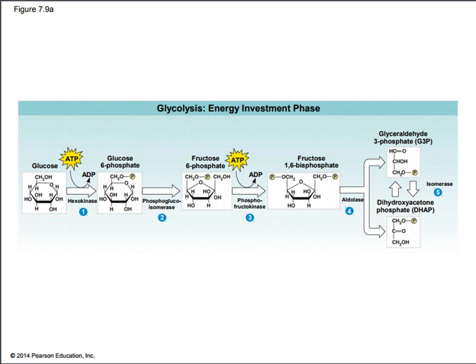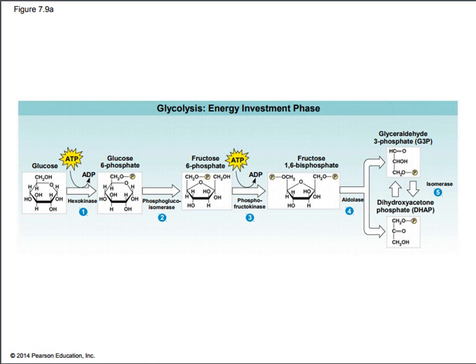So basically this glucose turns into glucose 6-phosphate, and that is also again converted into fructose 6-phosphate. And then we have the fructose 6-phosphate, which is again transferred with a phosphate group from ATP to the opposite end of the sugar.